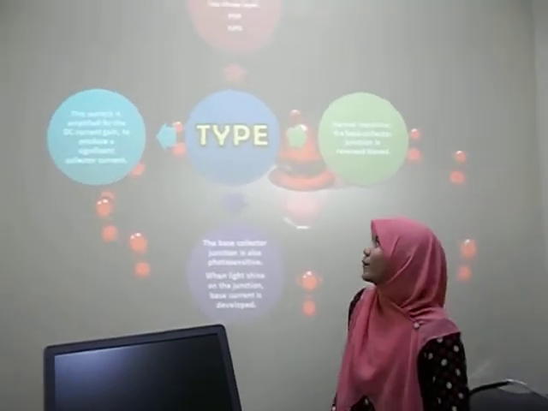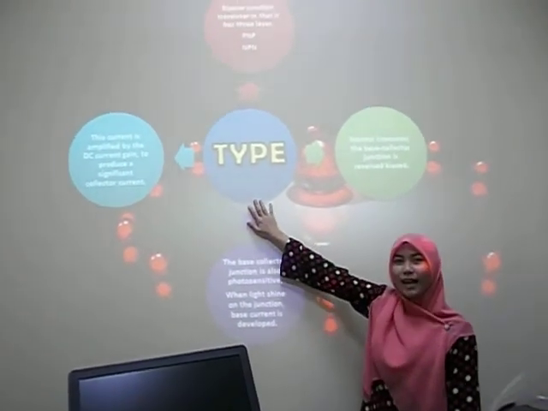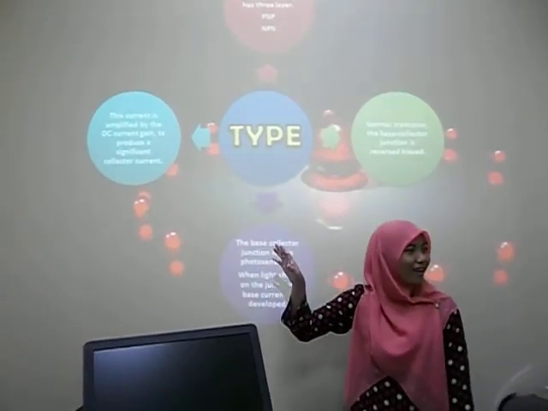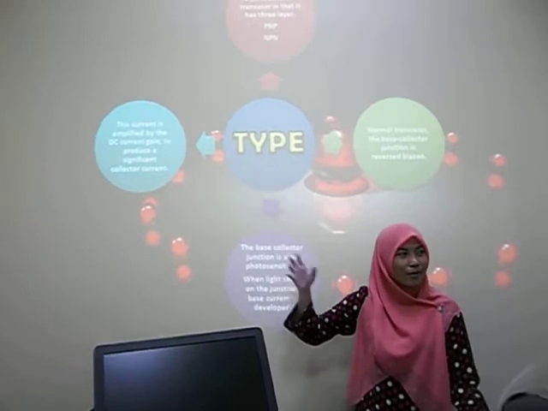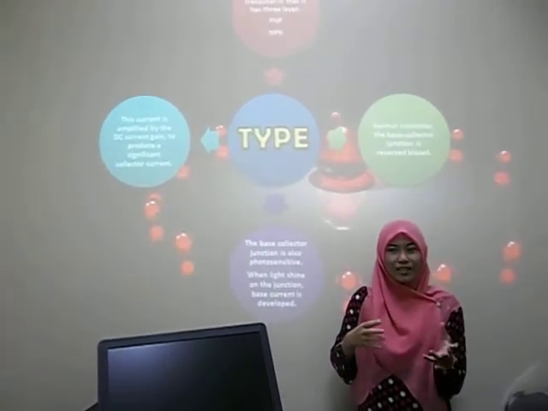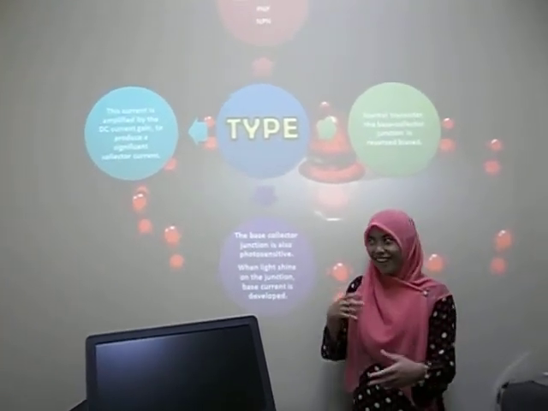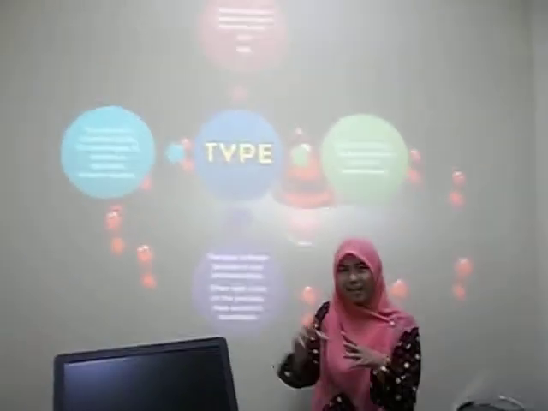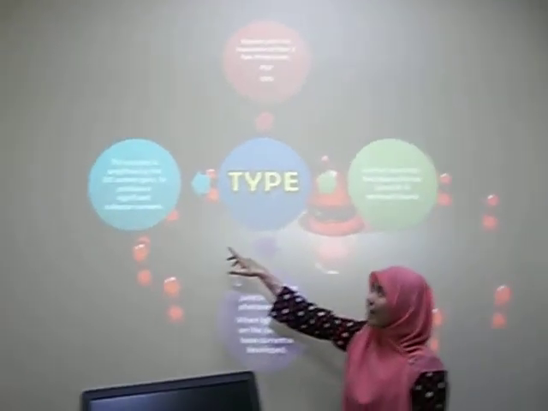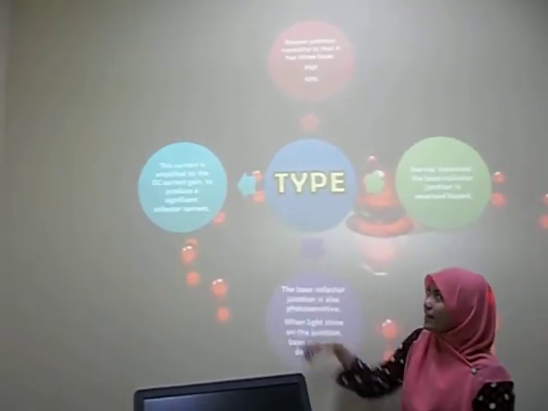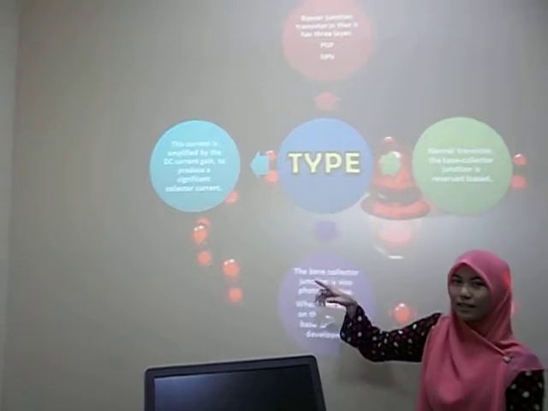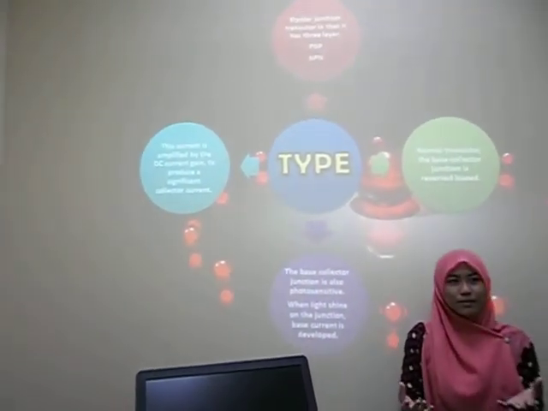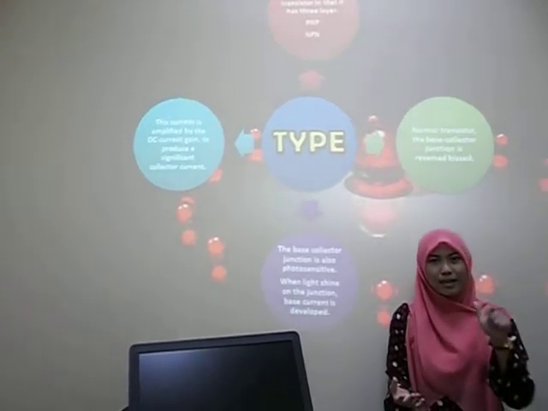Assalamualaikum. I will explain the types. We have an LED diode combined with a transistor. The combination of transistor and diode. Then this current is amplified by the DC current gain to produce a significant collector current. Then we know the transistor has two types, PNP and NPN.